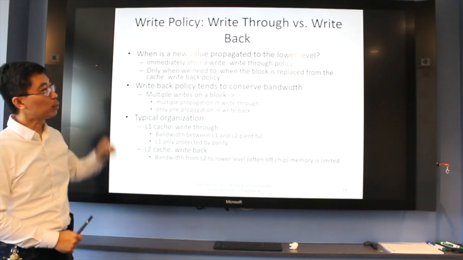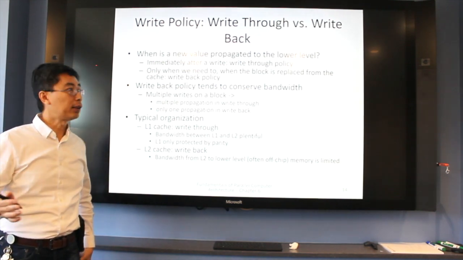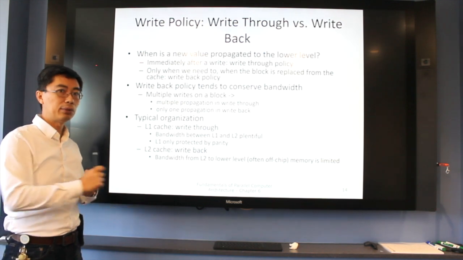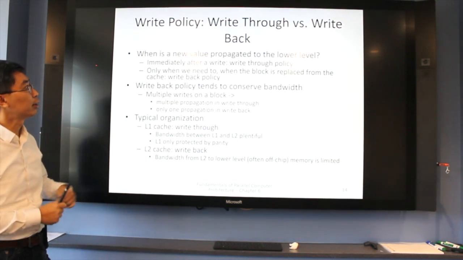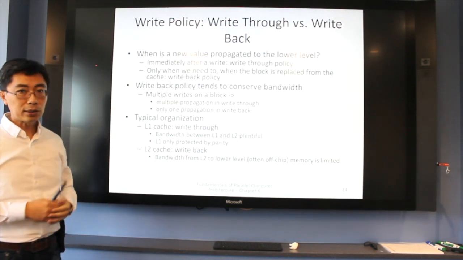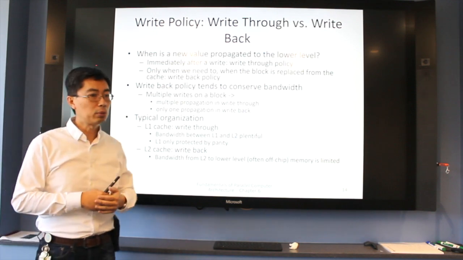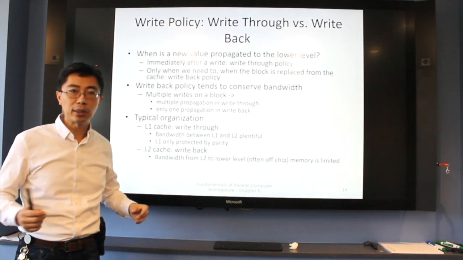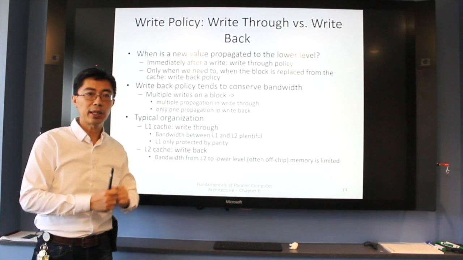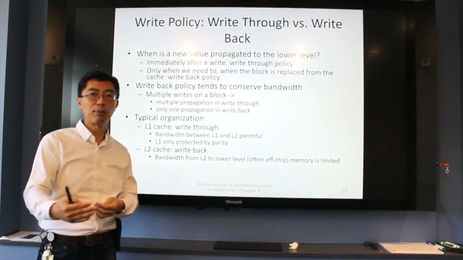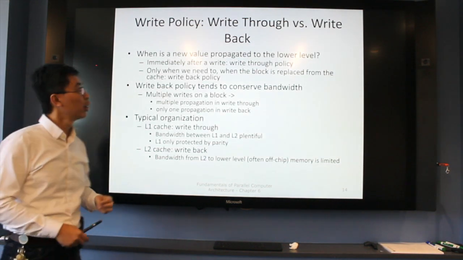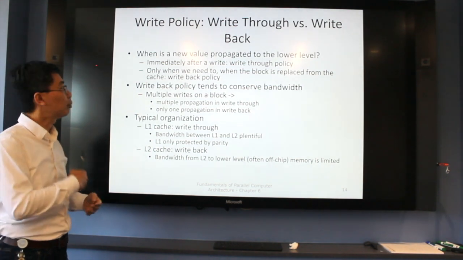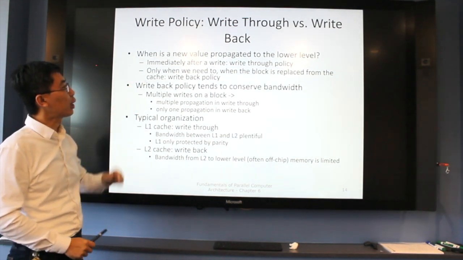The first one is a write-through policy, where we write to the next level. The other one is we just wait until we really have to, until we evict the block from the cache. That's the latest possible time you can write to the next level. That's called the write-back policy.